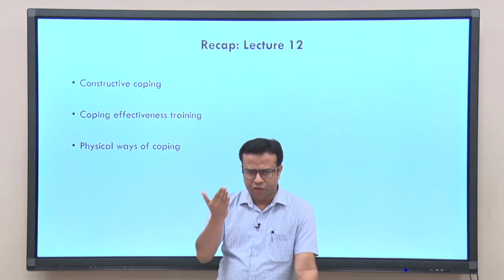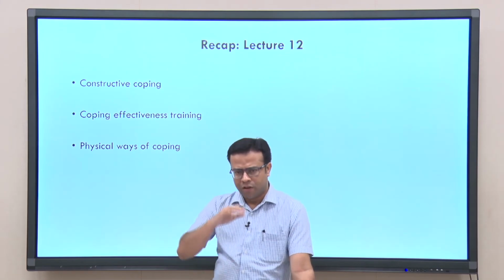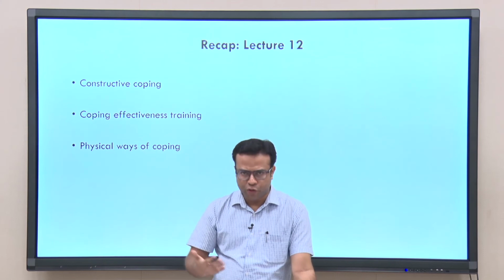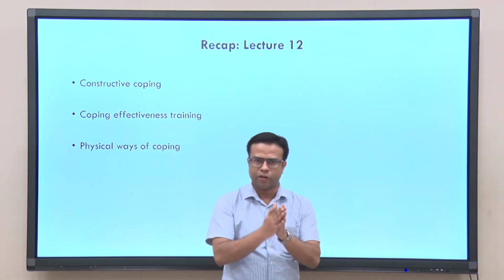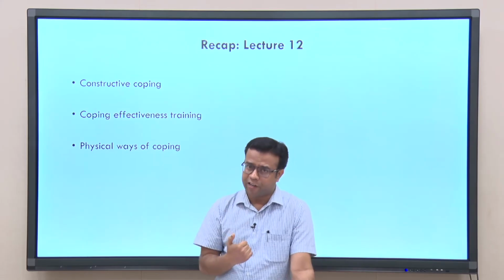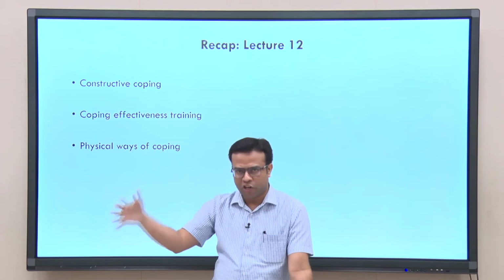Primarily the ideas included actively dealing with the stressors, particularly engagement type of coping, actively seeking support wherever it is required, particularly social support, and breaking a larger problem into smaller chunks.